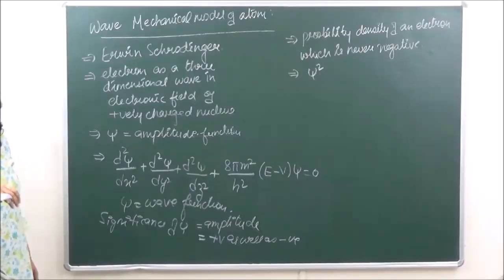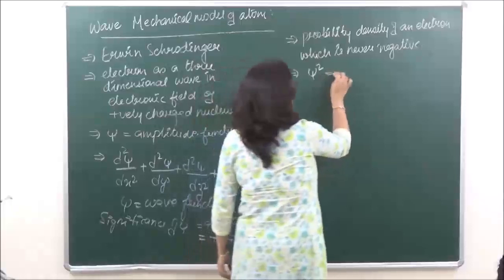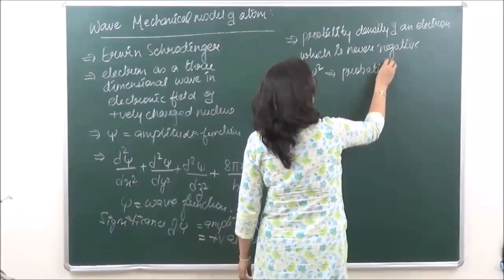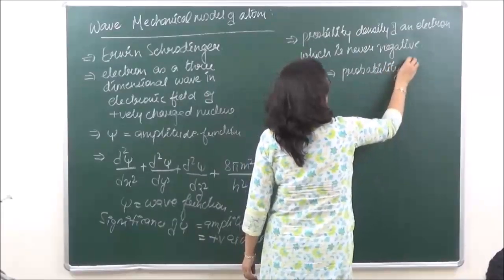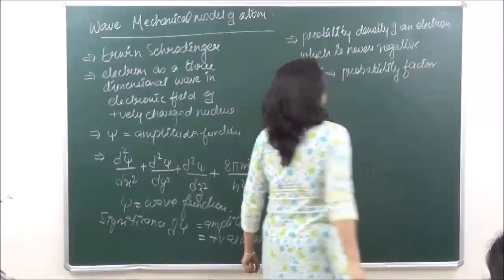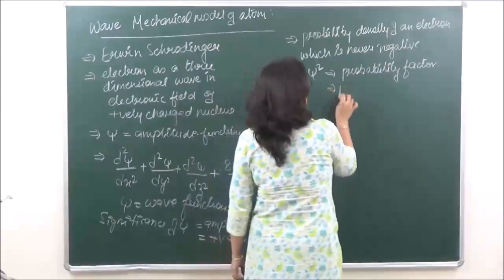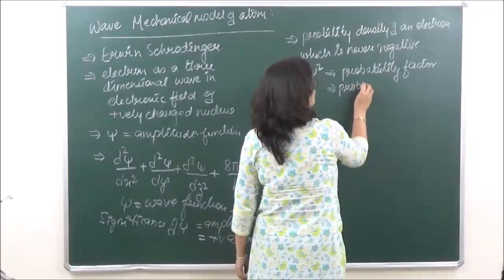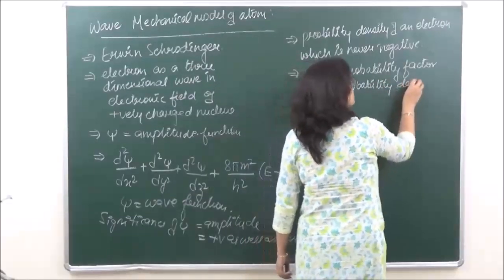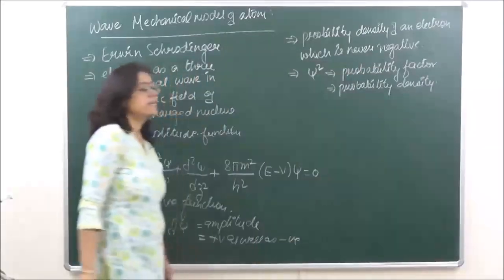This particular function, psi square, was known as the probability factor, and this gave us the probability of finding an electron around the nucleus, which was defined as probability density.